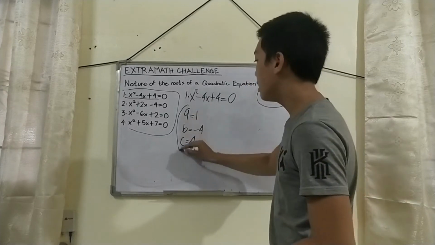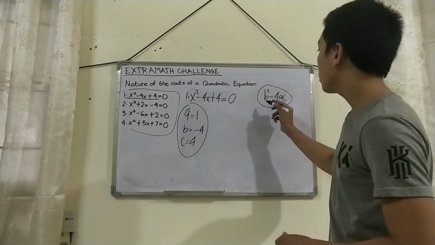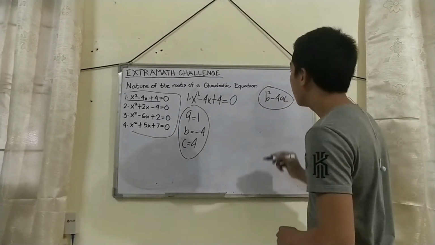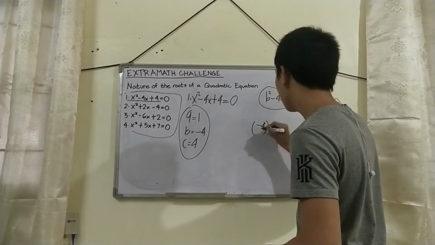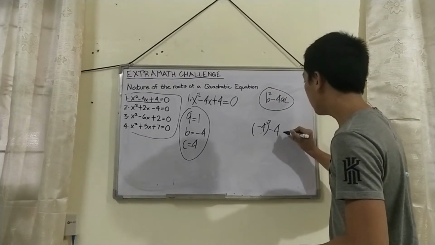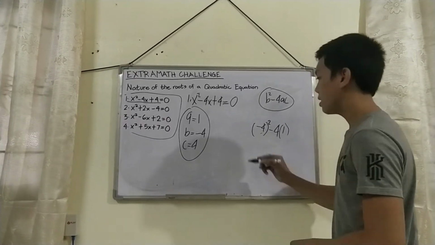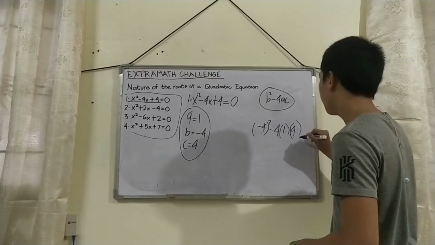Now that we have identified the values of the variables, we're going to substitute the values in the formula. b is equal to negative 4, square it, minus 4, the value of a is 1, and the value of c is 4.